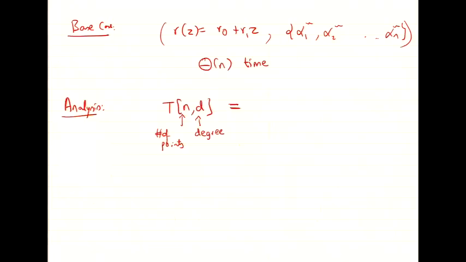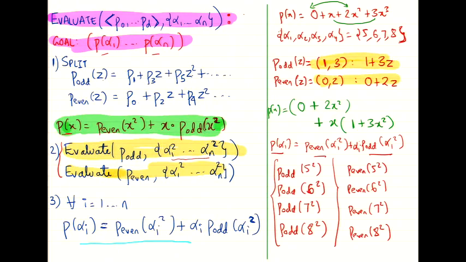So the two recursive calls give you 2T of n comma d over 2, plus the calculation at the end, which is roughly 1 multiplication and 1 addition for each i.